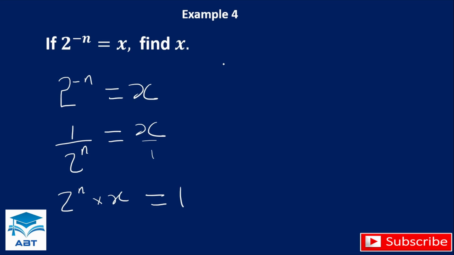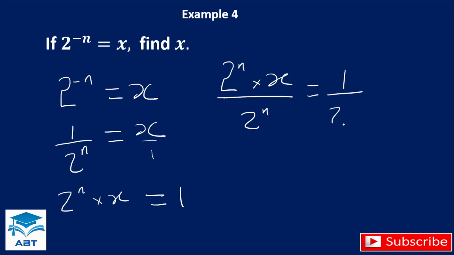So we have 2 exponent n times x over 2 exponent n is equal to 1 over 2 exponent n. And 2 exponent n will cancel out, and we have our x to be equal to 1 over 2 exponent n. And that is x.